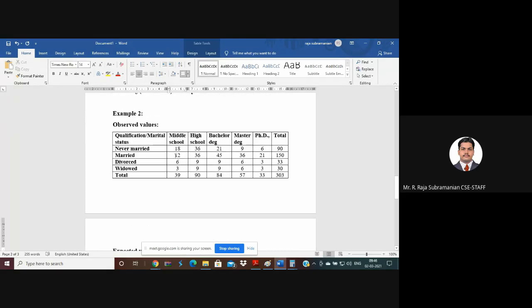This is never married to middle school, which is actually just 18. How does this 18 actually come? This is actually the proportion of 39 and 90, right? So now how to calculate this expected value over here?